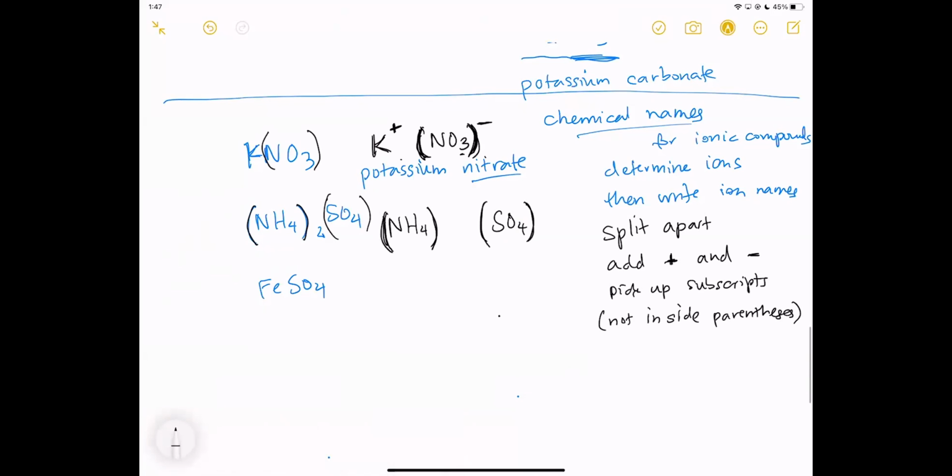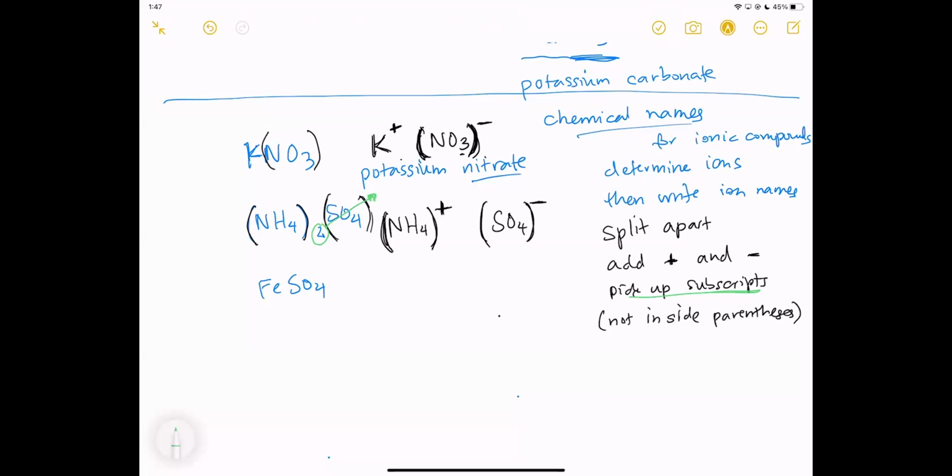Keep that in parentheses by adding the parentheses first. Then I'm going to put a plus and a minus. And this 2 is a subscript that gets picked up. So this 2 right there is the only one that's outside of the parentheses. This gets picked up and where does it go? It goes up to here. Remember, things crossed over and down.